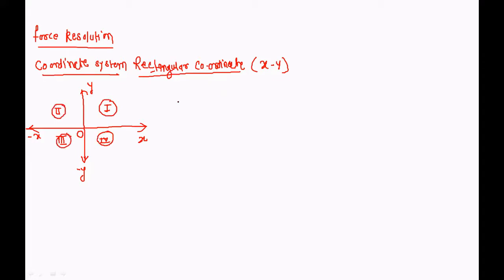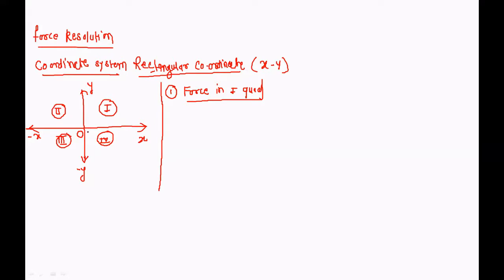Okay. So we started with the force resolution in the first quadrant. So I will repeat that part that I covered during the last lecture. So assume the force in the first quadrant. So I will just consider this first quadrant.